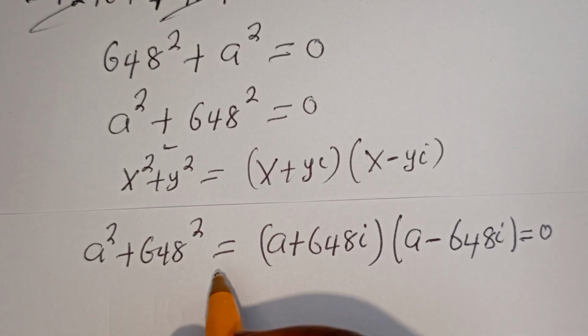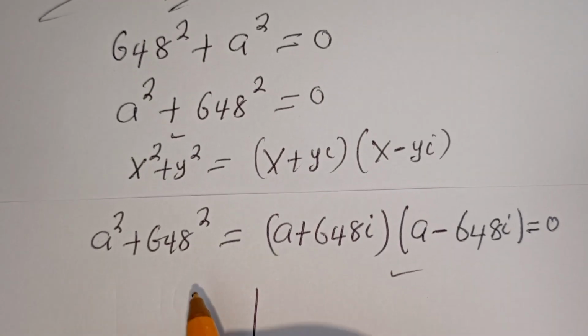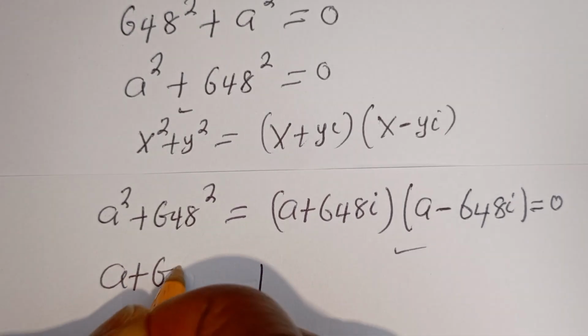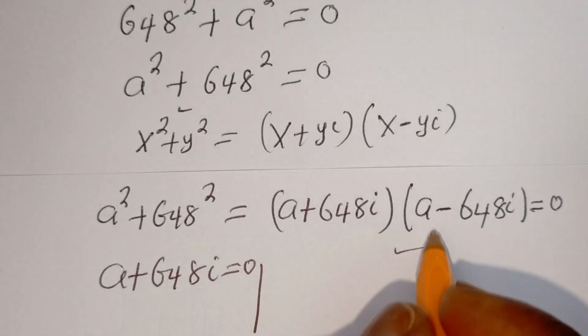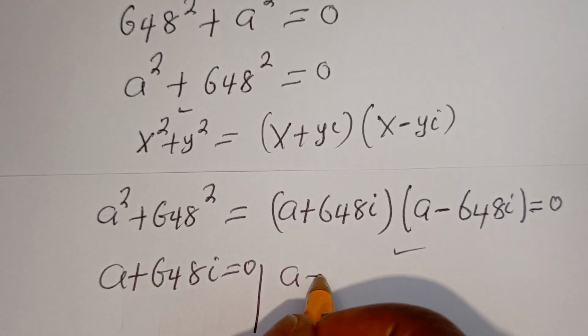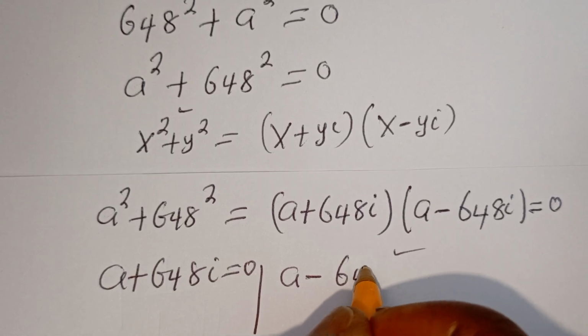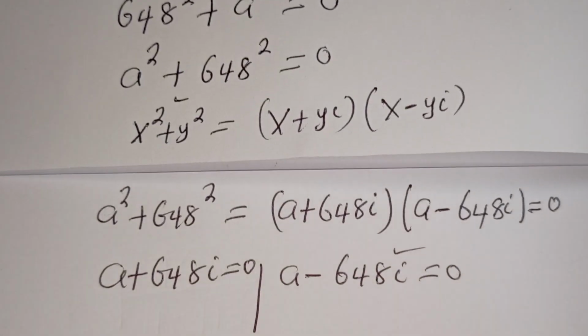So here we have two cases. The first case is a plus 648i is equal to 0, and the second case is a minus 648i is equal to 0.